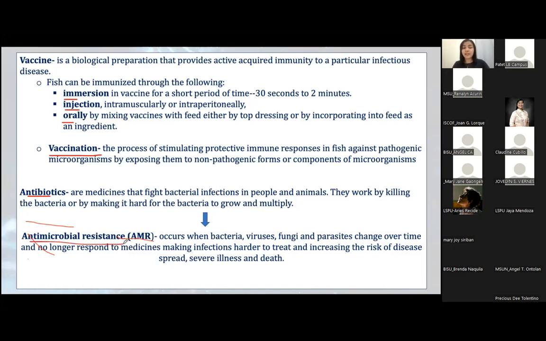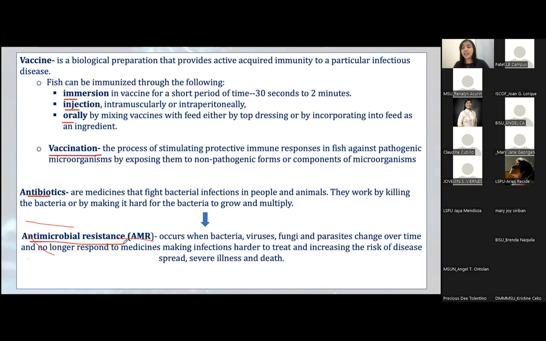AMR or antimicrobial resistance happens when the antibiotics has no longer effect on the target bacteria. Kahit maglagay ka man dyan ng matataas na dosage ng antibiotics, it has no longer an effect to the bacteria. It's because the bacteria has already evolved to resist these antibiotics. So, ayun siya. Yan yung isang drawback.